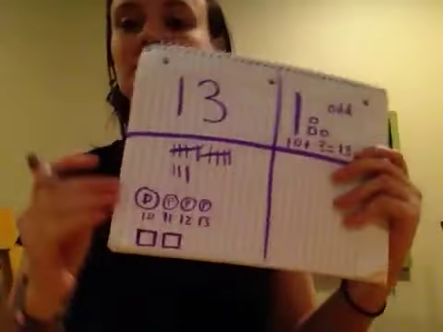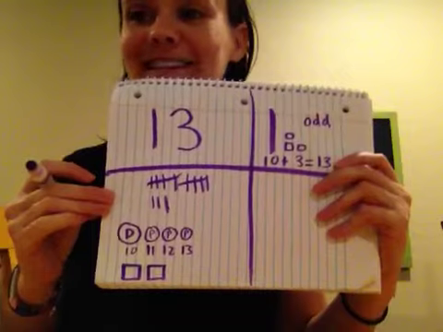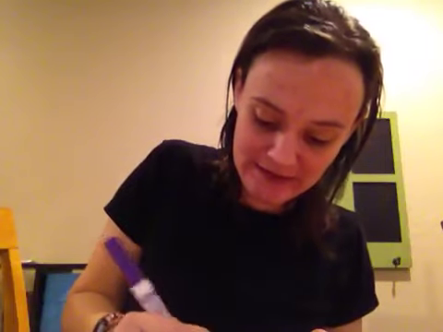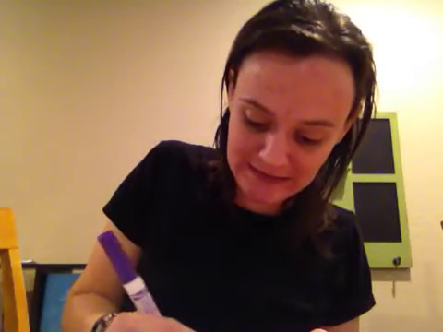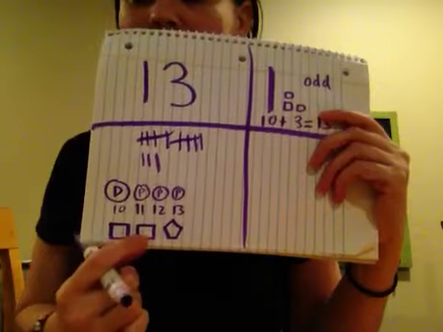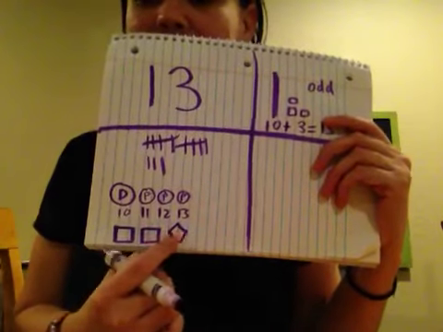Okay, so then if I drew another square, I would have 8, and then I would need 5 more sides to get to 13. There is a shape with 5 sides. It's called a pentagon. So then we can count up all the sides. 4, 8, 9, 10, 11, 12, 13.